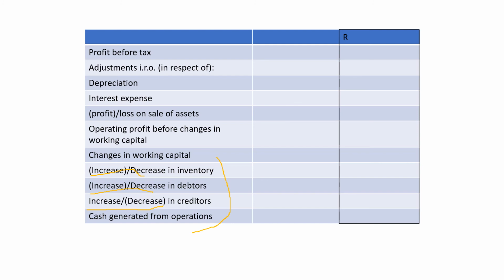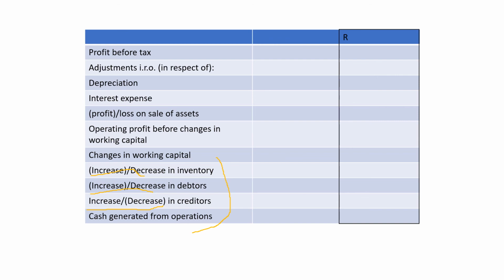So you take your operating profit before changes in working capital, you add or you subtract your changes in working capital, and then you get your cash generated from operations. I'm sorry. And then you get your cash generated from operations.